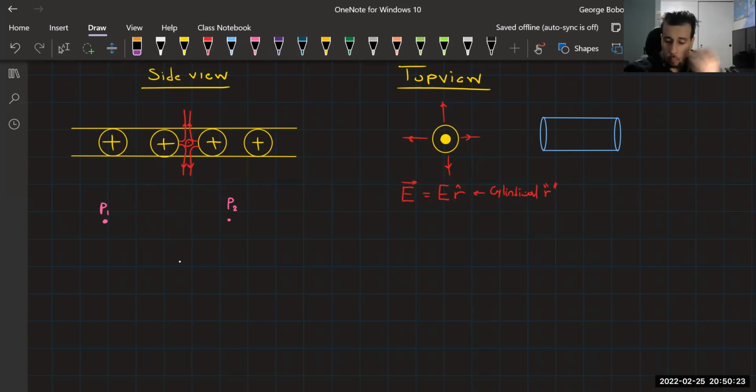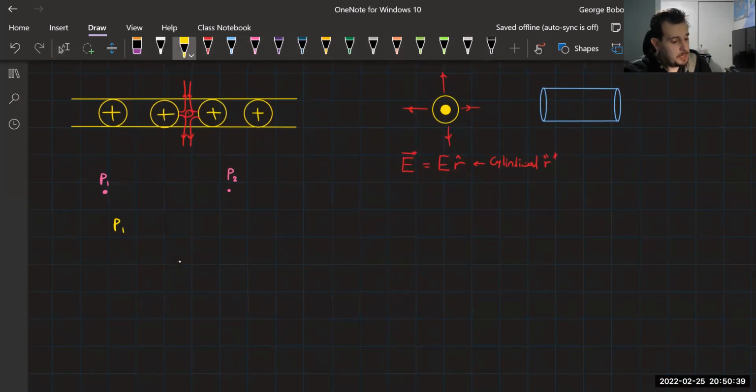So you go, okay, what matters then? The only thing that matters is your translation in this direction. So points P1 and P2 experience the same picture.